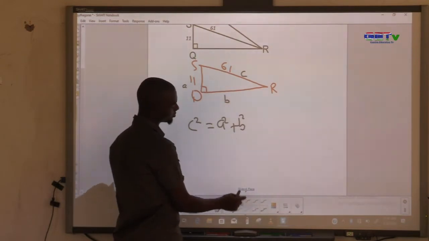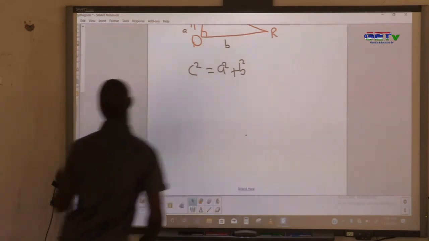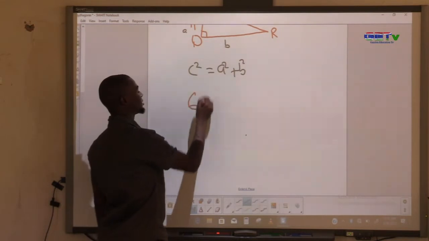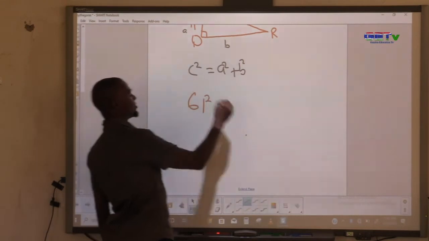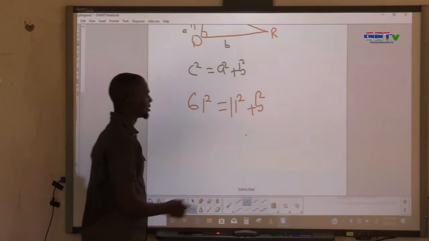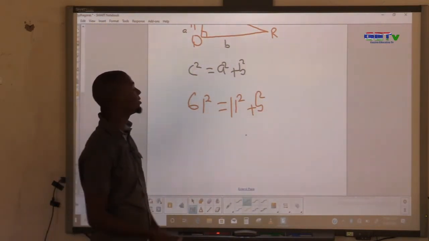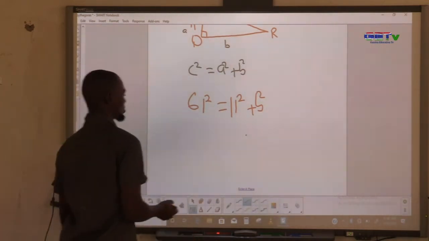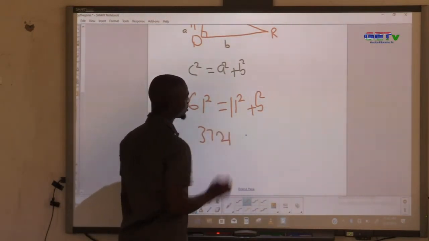C is 61. That is 61 square is equals to A is 11, that is 11 square plus B square. 61 square is 3,721.